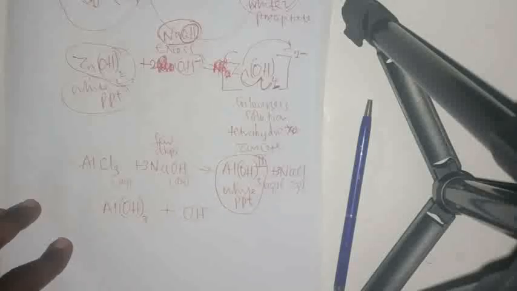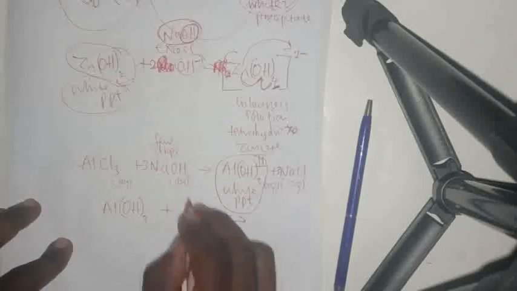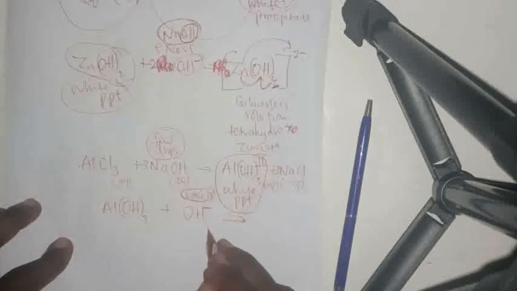Balance the equation, and you can decide now to add excess sodium hydroxide. So you pick this aluminium hydroxide. You are adding excess hydroxide ions. We know it is sodium, so excess. This was in a few drops, but now these are in excess.